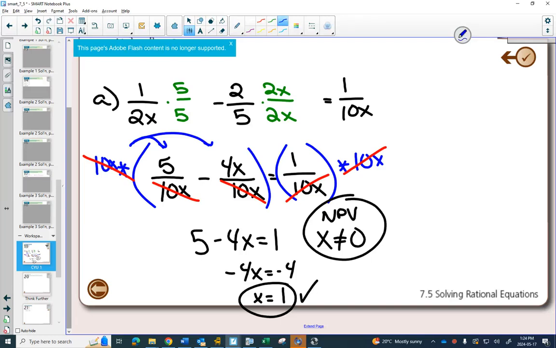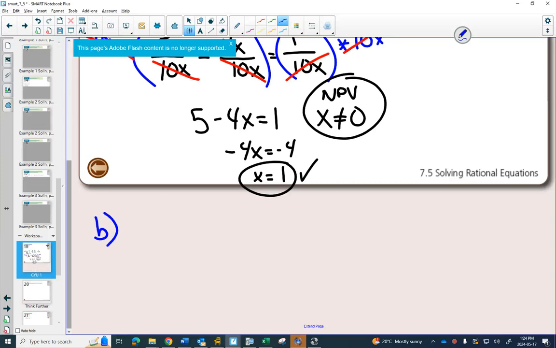When we look at part B, same thing. I'm going to rewrite it and leave some space. So part B I'll do here in blue. I have 5 over x, leave some space, plus 6 over x squared, leave some space, equals 6, which is technically 6 over 1. What's my common denominator going to be?